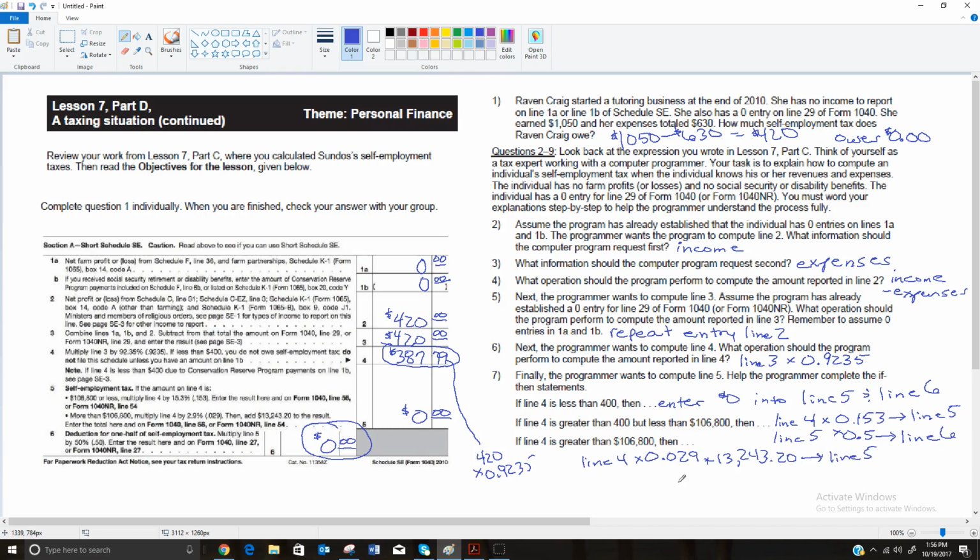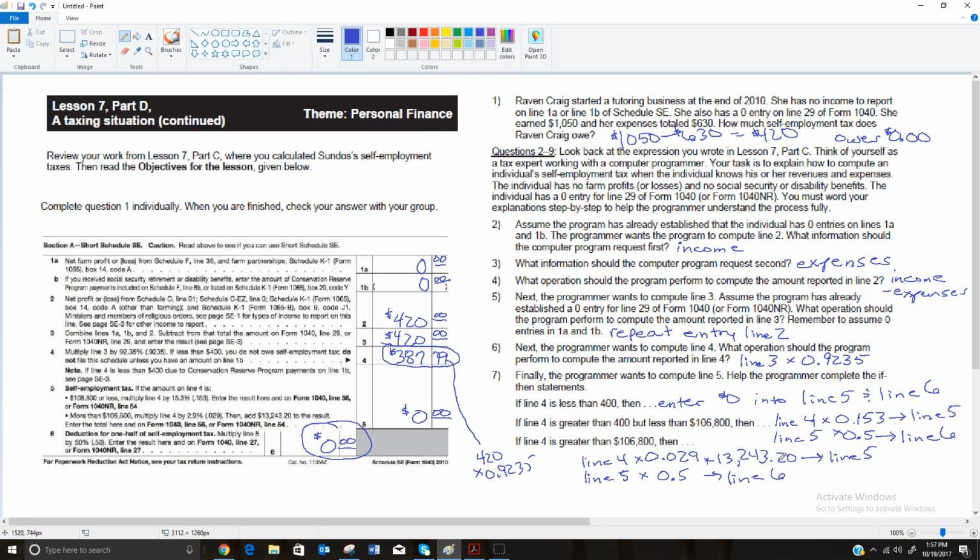And then our last step is the same. In fact, we could even use this line 5 for all of them, because 0 times half would still be 0. So we could use the same thing here. But line 5, then we're going to take times 0.5, and we're going to put that into line 6.